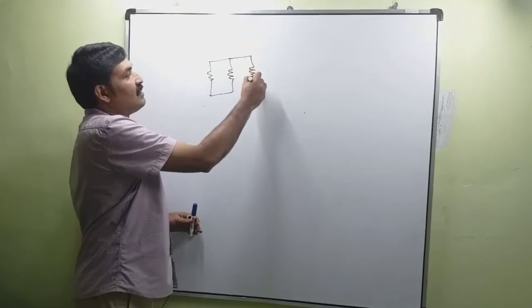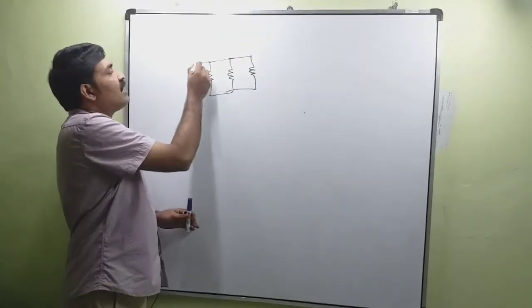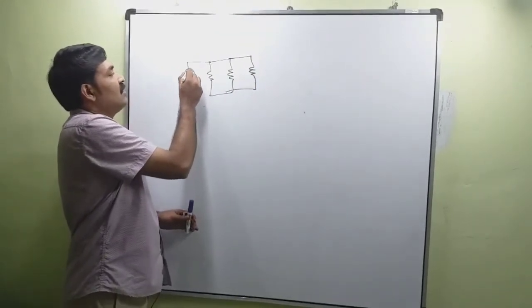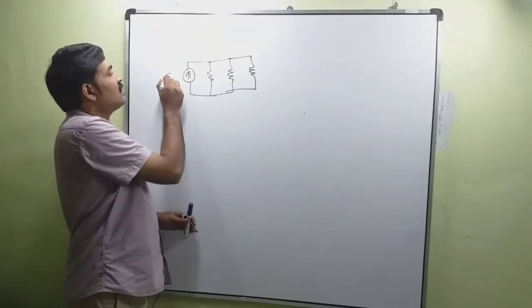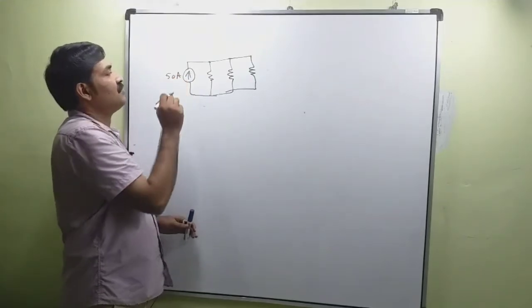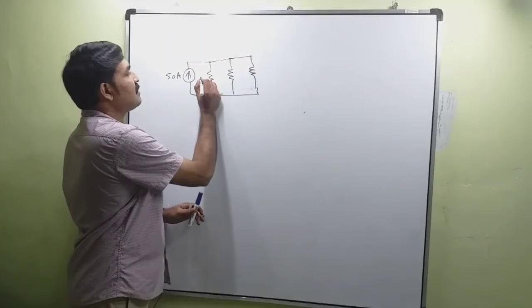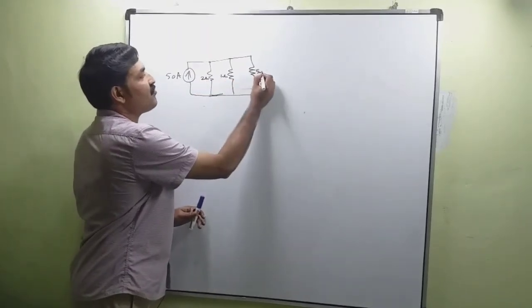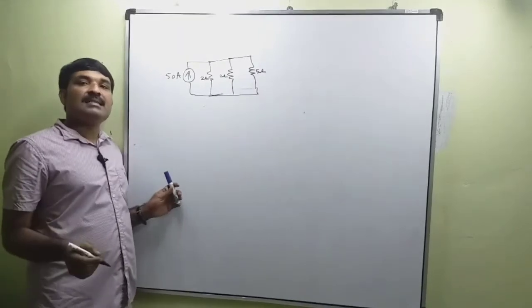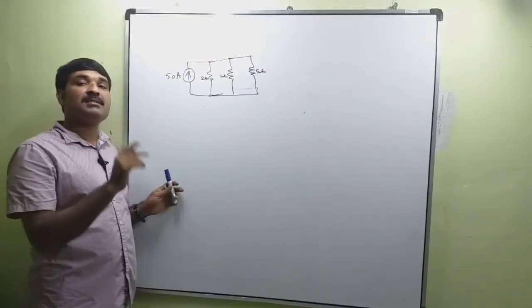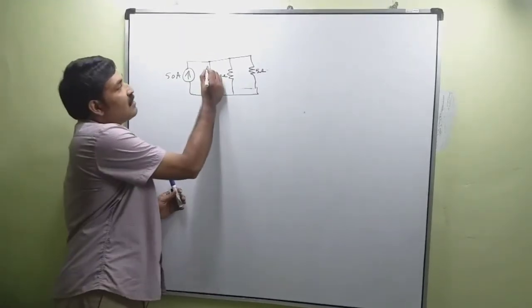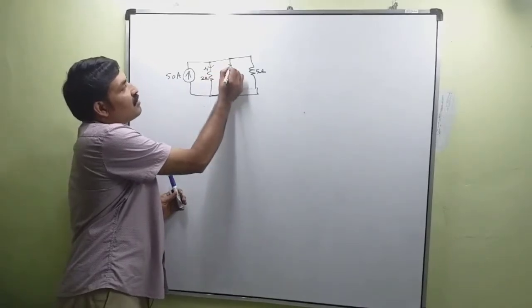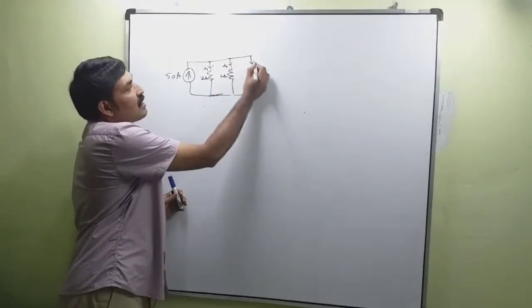The next question: we have 3 resistances connected in parallel and we have a current source. Let the value of this current be 50 ampere. Let the values of the resistances be 2 ohm, 1 ohm and 5 ohm. The question is, find the current passing through each branch. Let this be I1, this I2, this I3.